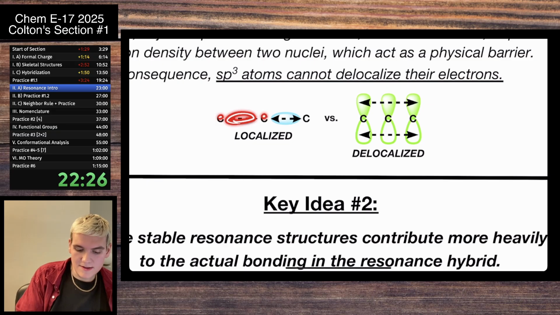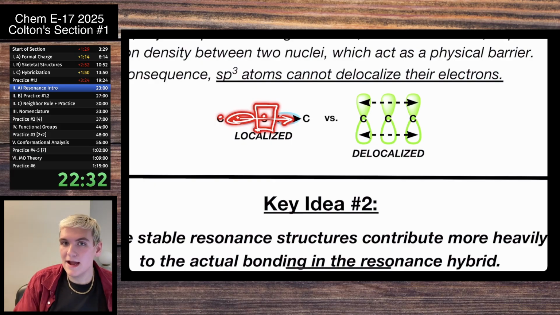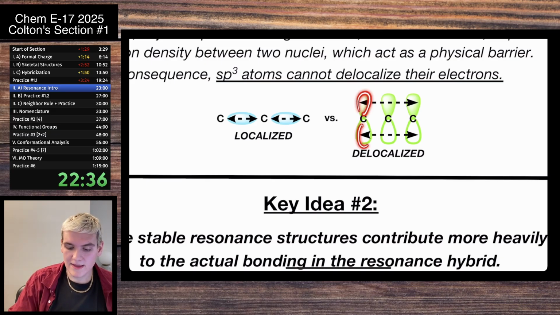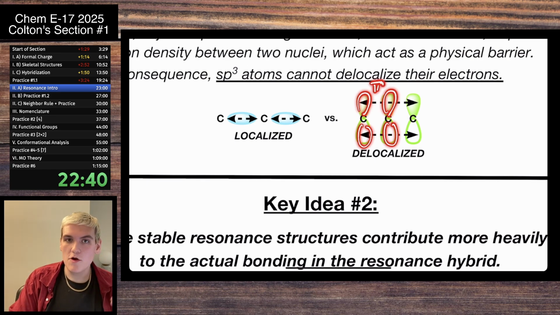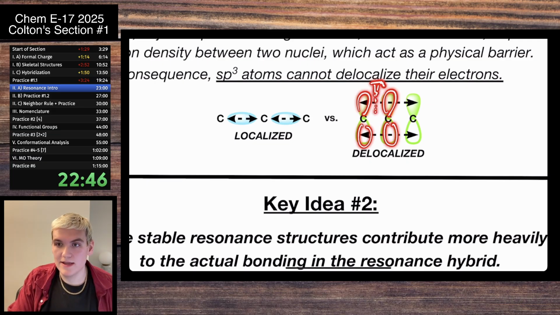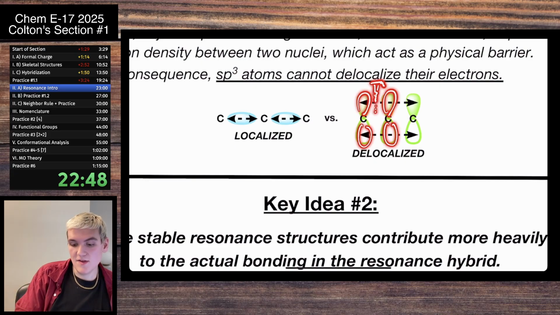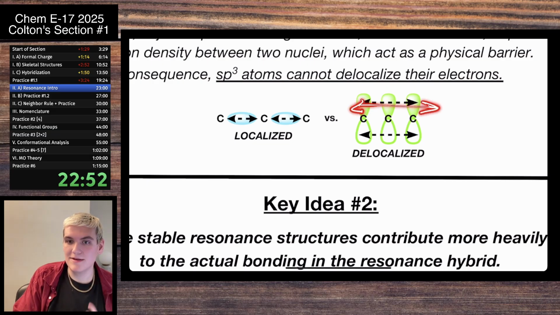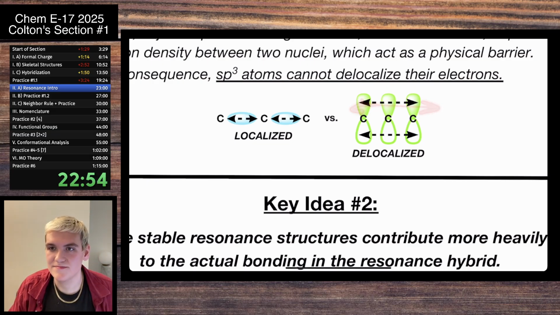So these electrons can't spread out without literally bumping into a nucleus. Whereas p orbitals and pi bonds have side-by-side overlap of the orbitals, and there is nothing in this space to stop the electrons from spreading out and going over to their friend's house. So when our electrons are in p orbitals, they can delocalize and spread out and get that stabilization.